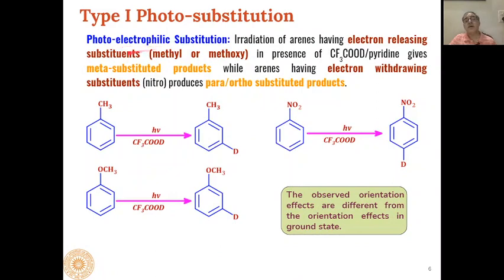Then another type of substitution, as I have already told you, is photoelectrophilic substitution. That is when arenes having an electron releasing group attached to them, say in case of toluene or anisole, where we have a methyl group which is electron releasing in nature, or a methoxy group which is also an electron releasing group, are photoirradiated in presence of trifluoroacetic acid, deuterated acetic acid.